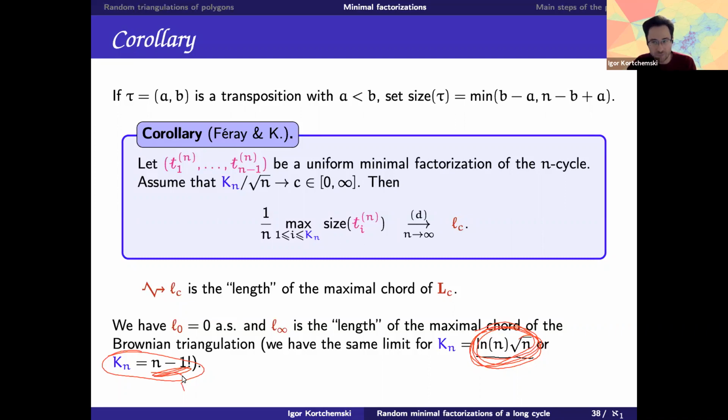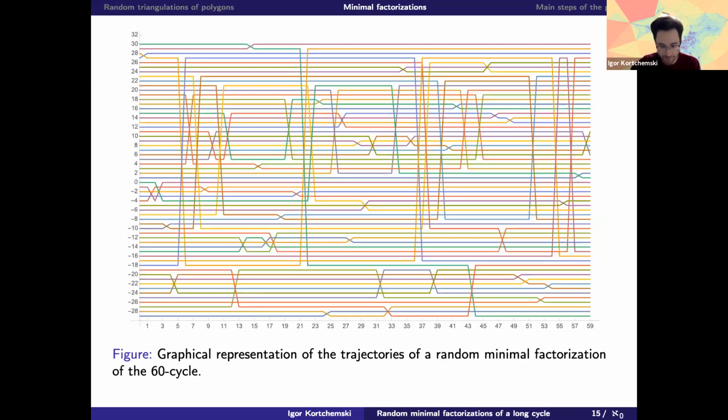Of course, they will be all different, but the size of the longest one will not change. So this is maybe a drawing to understand that. Here you see that you have a large transposition here, and you have large transpositions here, here, here, here, but they are very close to the first one.